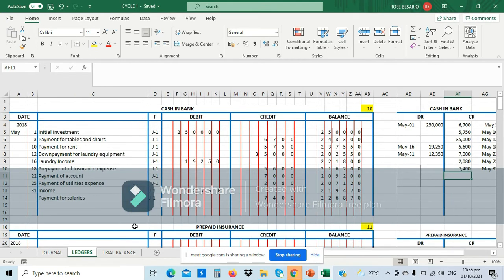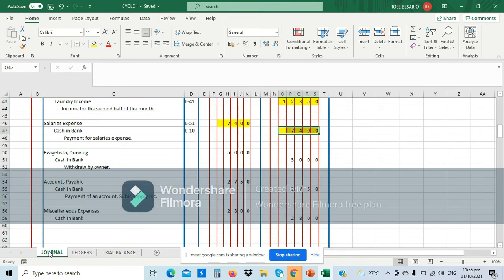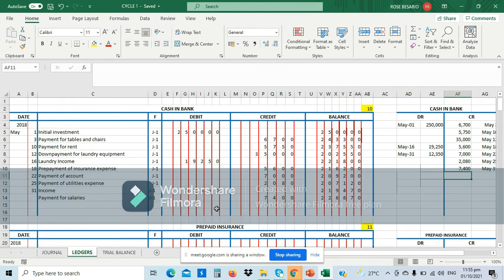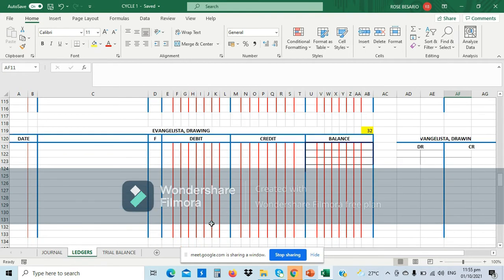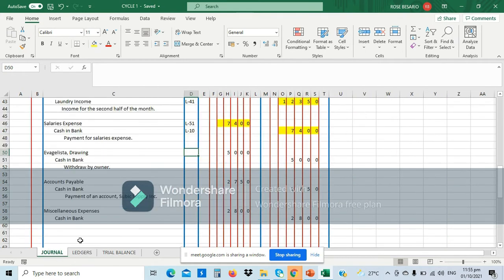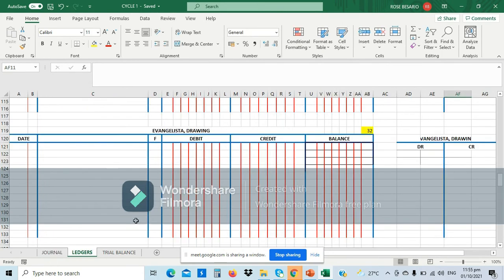Okay, so that's it. And then another entry, drawing. So Evangelista drawing 5,000. So we'll look for the drawing account. Evangelista drawing is ledger number 32. Okay, and then it's 5,000.